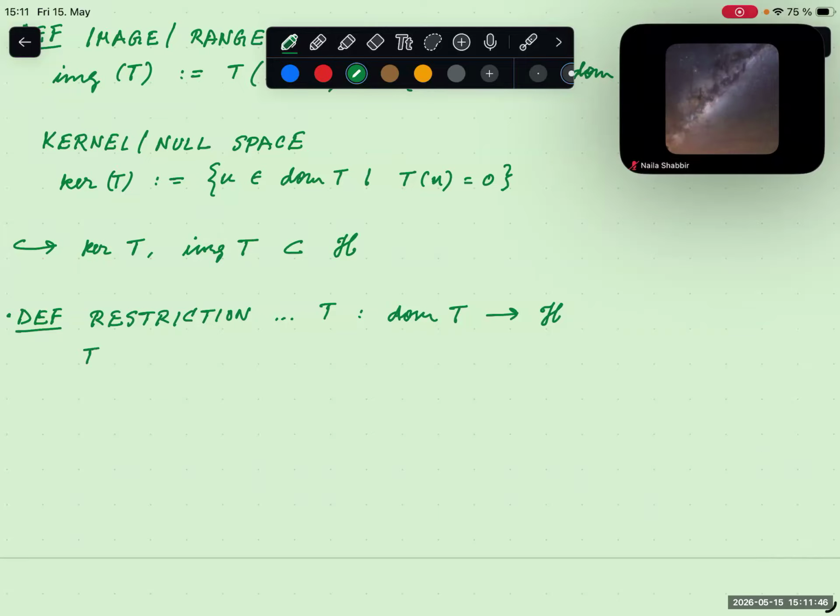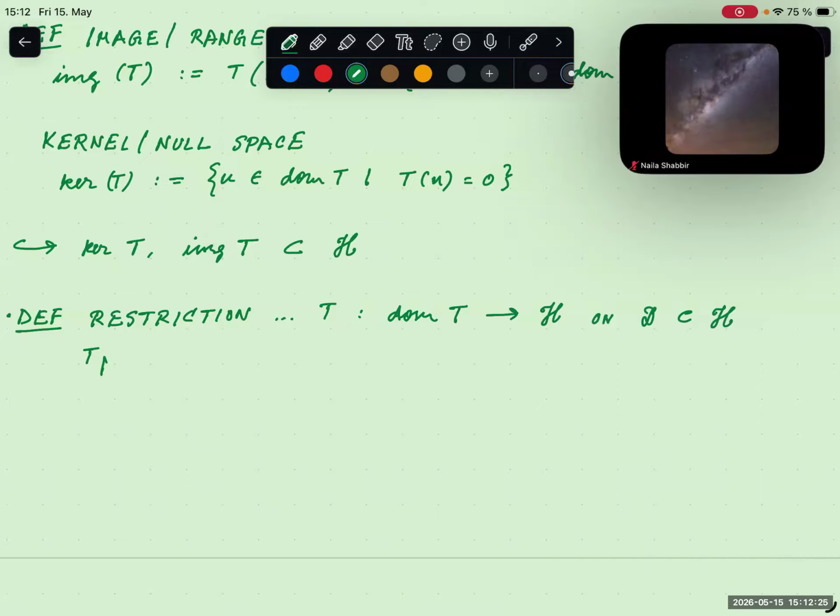so for this operator, there are several symbols. Let me use this notation. When we talk about restriction, we have to say restriction on where. So a restriction of this operator on a linear subspace, let's call it D. Again, let me use a different D because I want to use that D later.